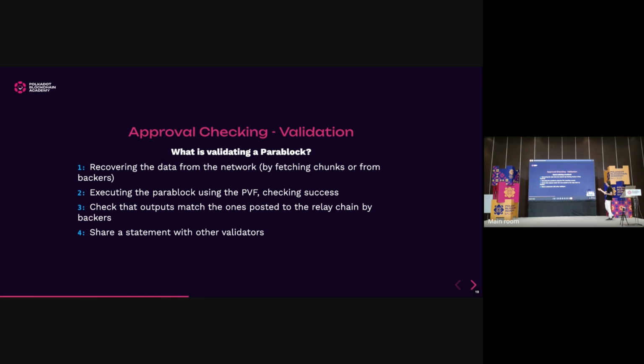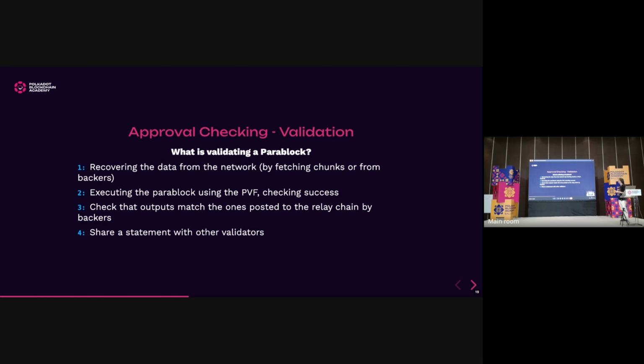They don't have access to all this information. And this is exactly why we needed the data availability layer. This is to guarantee that this data can be made available to other non-backing validators.